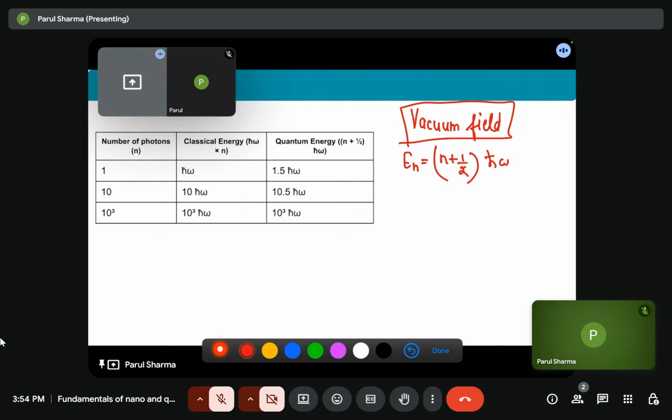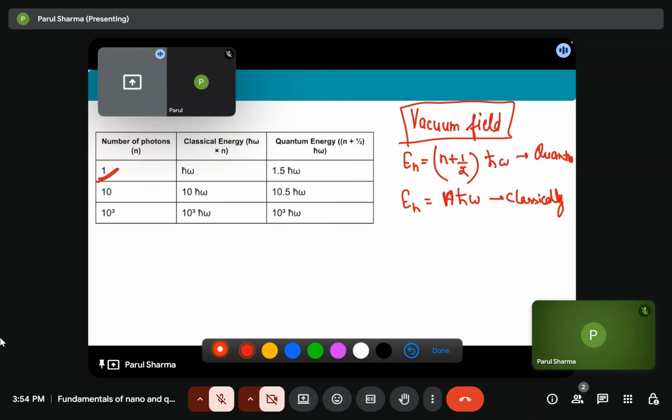So if we have a single photon, then classically the energy is given by number of photons into h cross omega, and quantum mechanically it is given by n plus half h cross omega, where n is the number of photons.